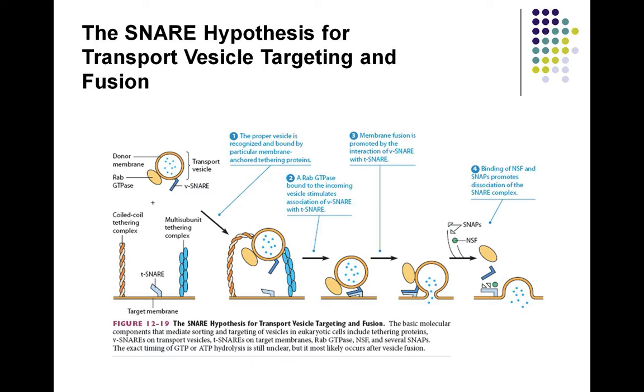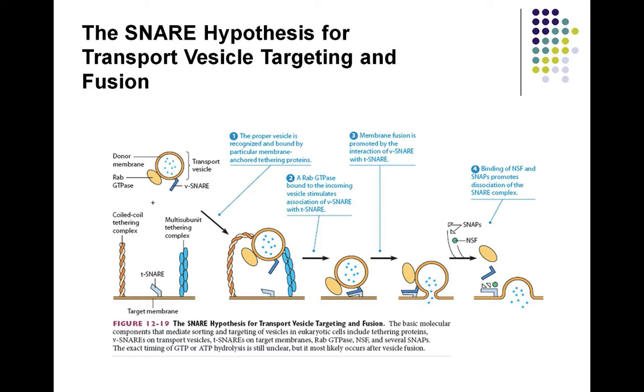According to the SNARE hypothesis for transport vesicle targeting and fusion, the transport vesicle that is coated, allowing it to move from one location to another, is actually composed of additional elements that are associated with it.